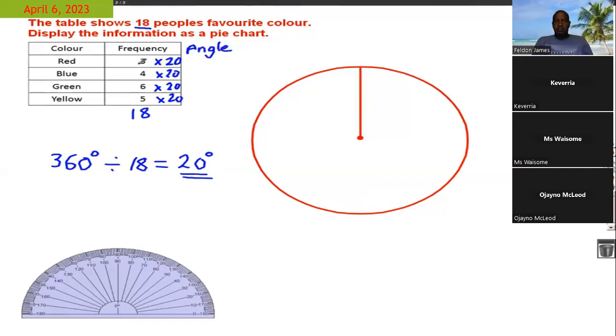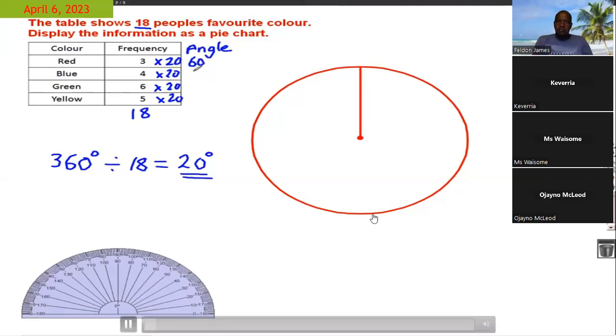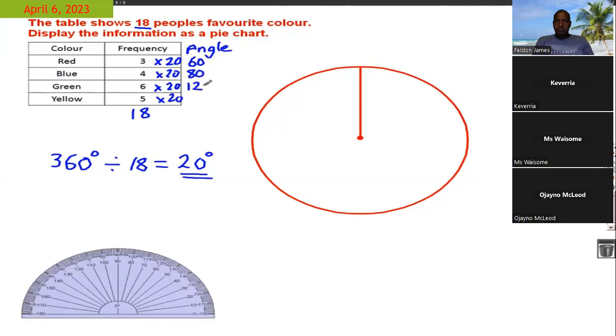So 3 times 20. So the angle for it there, 60 degrees. 4 times 20 for blue. 6 times 20 for that. And 5 times 20 together.